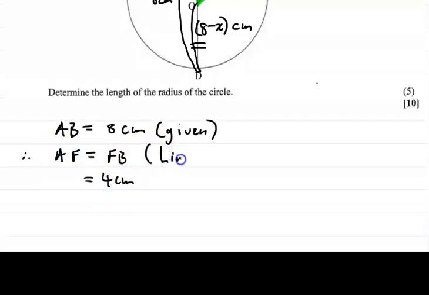And the reason here is that we have a line drawn perpendicular from center to chord.